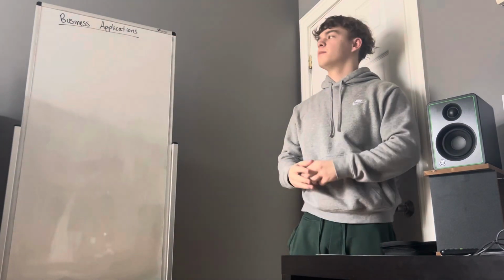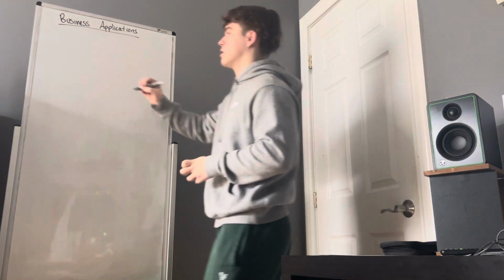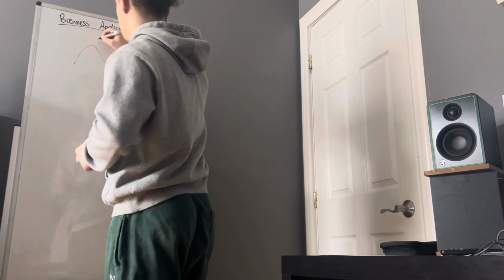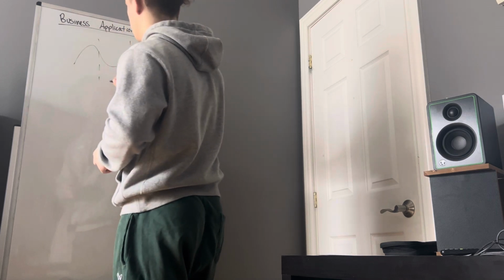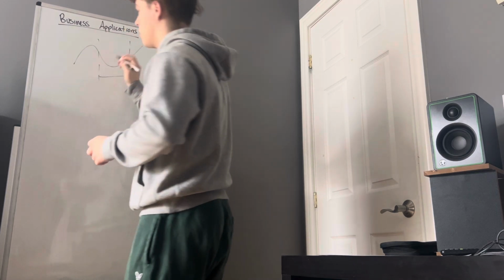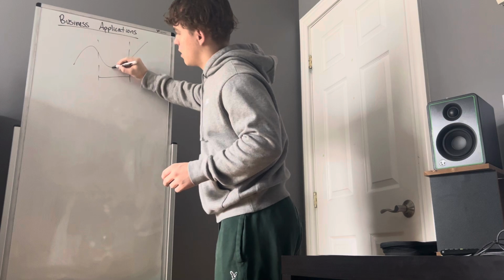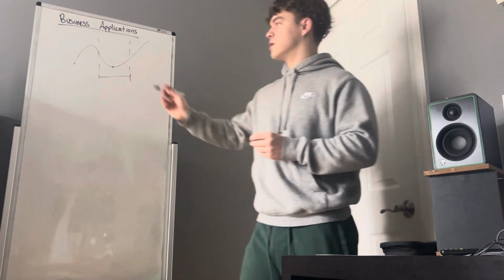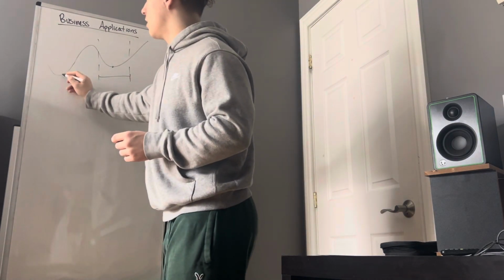We also have, I forgot to mention, local maximum and minimum. That's when you have a function and we have just a certain area that we want to analyze. This would be the local minimum because this function could keep going and there could be a minimum right here.